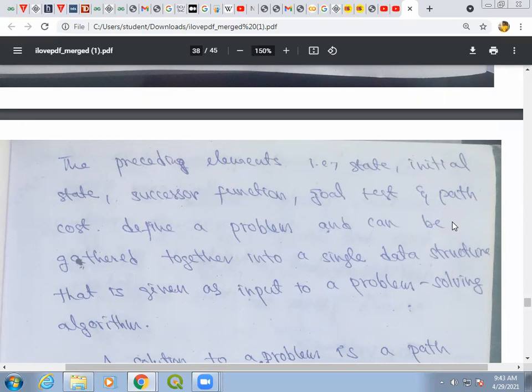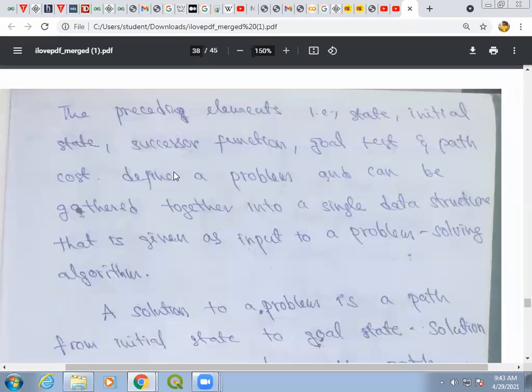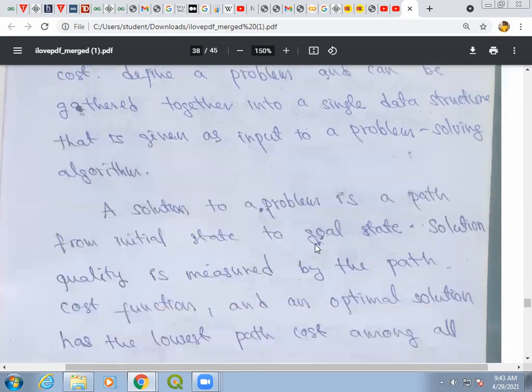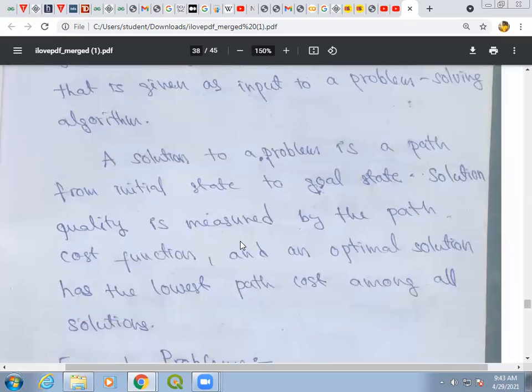All these 5 components are gathered under a single data structure, and that is given as input to the problem solving algorithm. It will give us the sequence of actions the agent has to take to reach the goal.